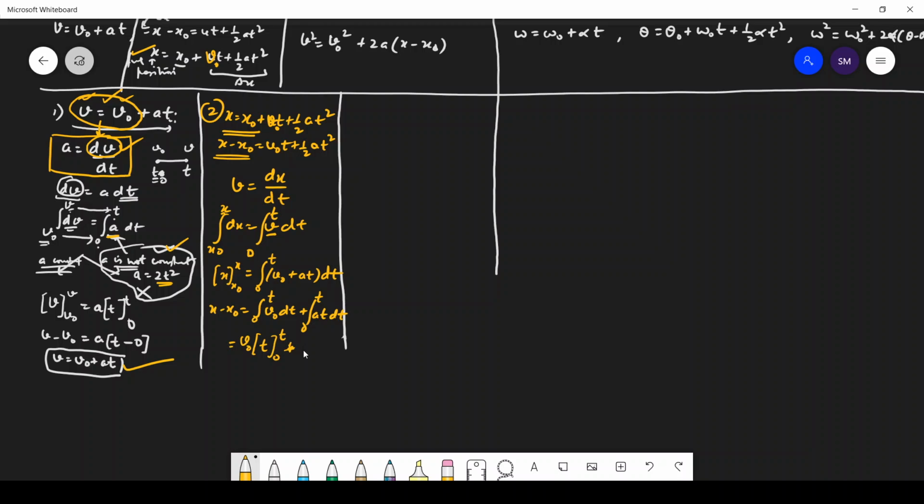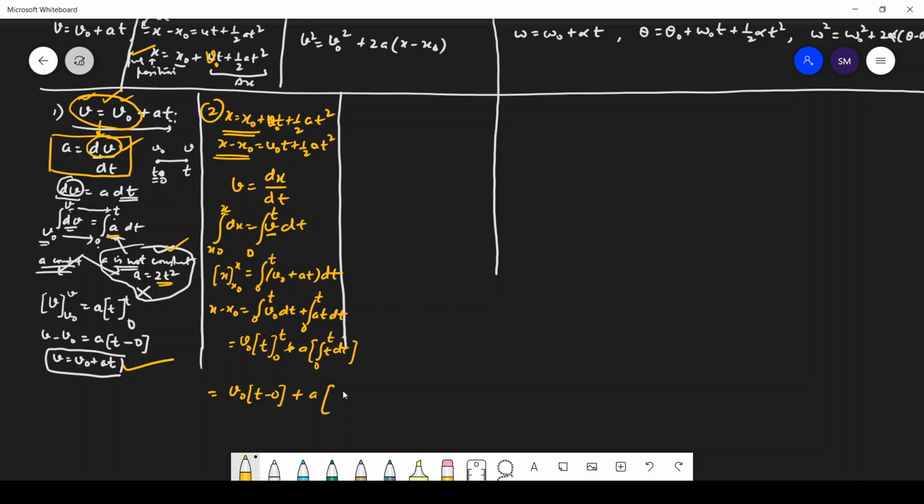what do you get here? a is constant, so a will come outside. And what is the integration of t? So that's equal to v naught t minus 0, and plus a into, what is the integration of t?